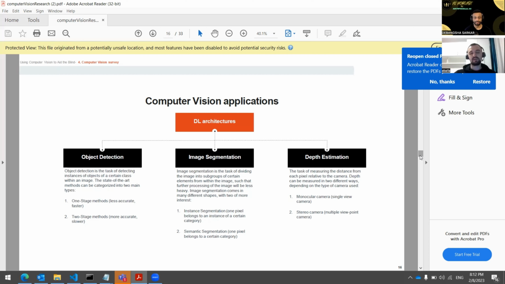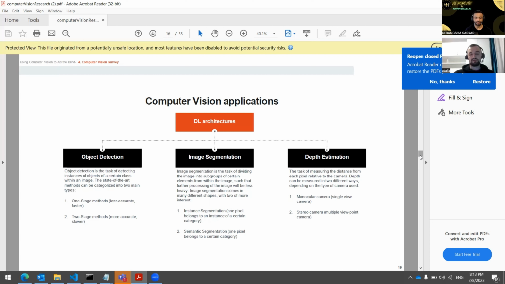Then there's also segmentation, which is the task of dividing the image into subgroups of certain elements from within the image. So basically, if you have a picture of, I don't know, a park, you divide the items in the picture into certain classes. You have trees, you have benches, you have grass, you have maybe a bridge somewhere.